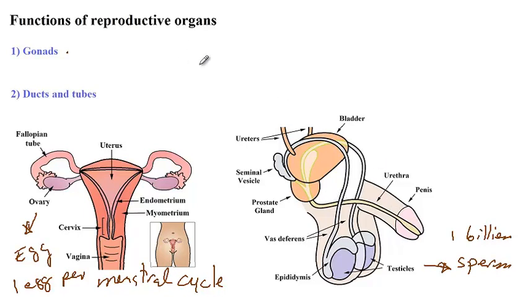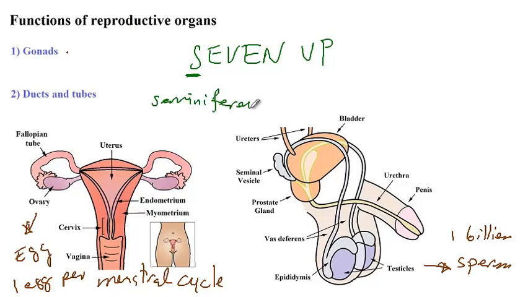So the memory aid that I have here for you is called 7-up, in order to remember the order of events that happens here. From where does the sperm move? So the S stands for seminiferous tubules, which is the structure inside which the sperms were formed. Then we have epididymis, which is the structure inside which the sperm is being stored.